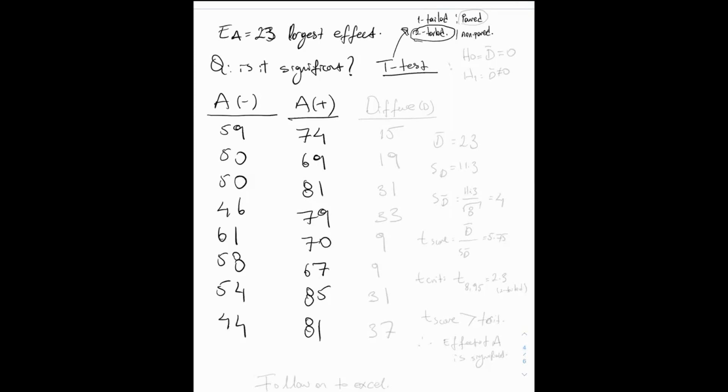And whether my system is paired or non-paired: if I use the same system, it usually is paired, and if I use two different systems, it's non-paired. You can use both ways in this case.